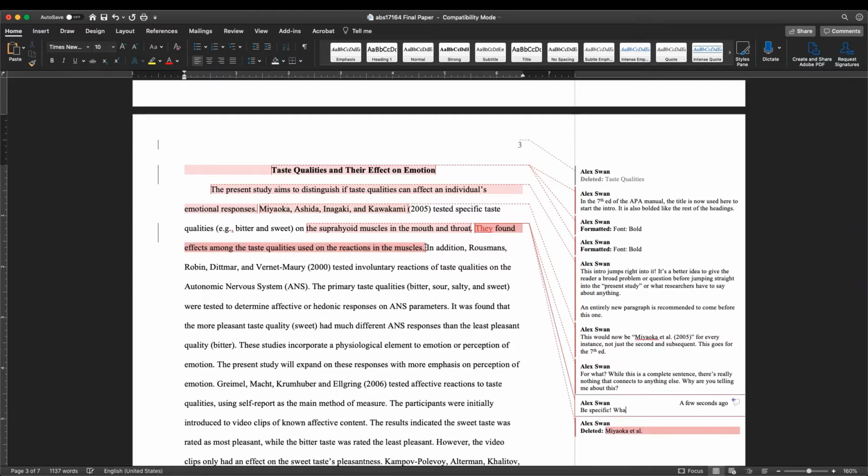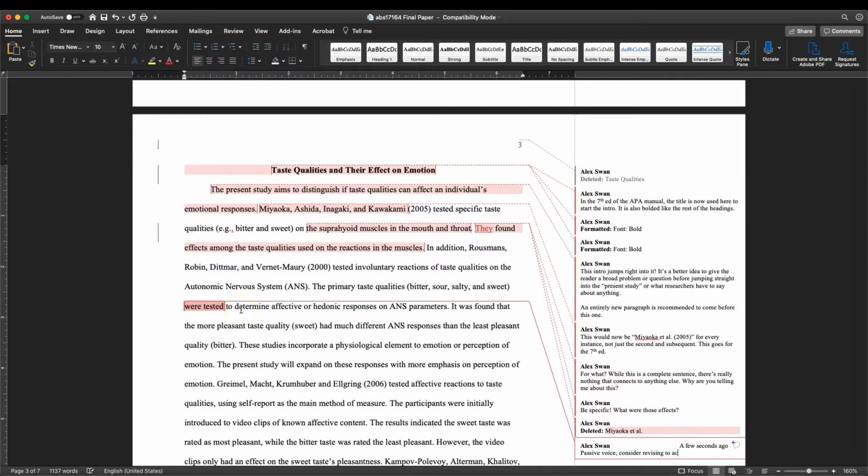Probably a good idea to make that change, to be honest with you. So I decided to go back and make the edits to where pretty much it's first author et al., date, right?